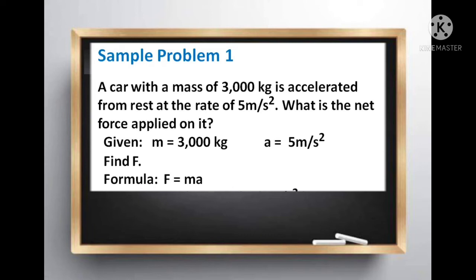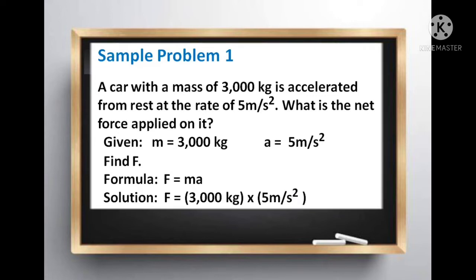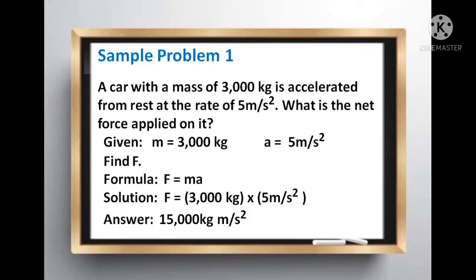Then we are asked to find F, or the applied force. The formula that we're going to use is F is equal to ma. Then we substitute the given values, 3,000 kg multiplied by 5 meter per second squared. Our final answer is 15,000 kg meter per second squared, or 15,000 Newton.